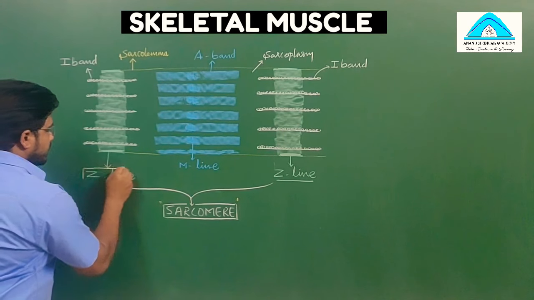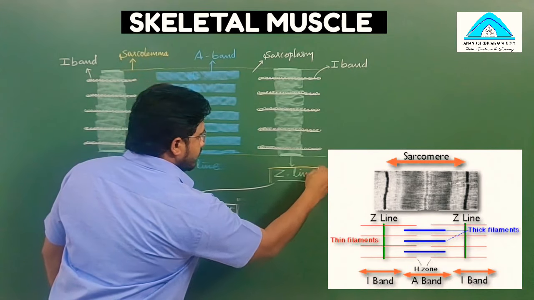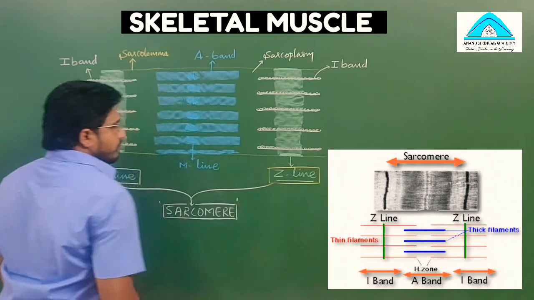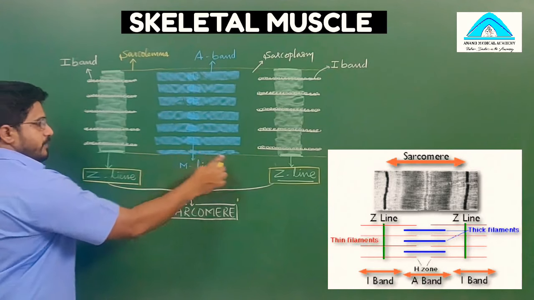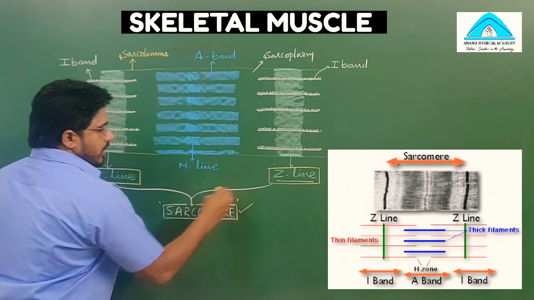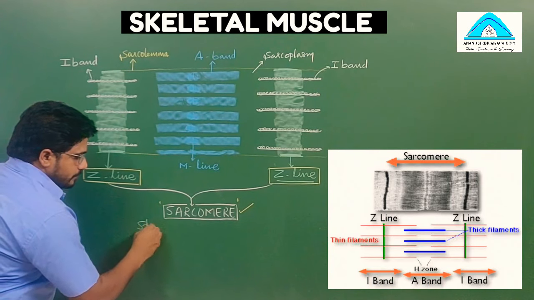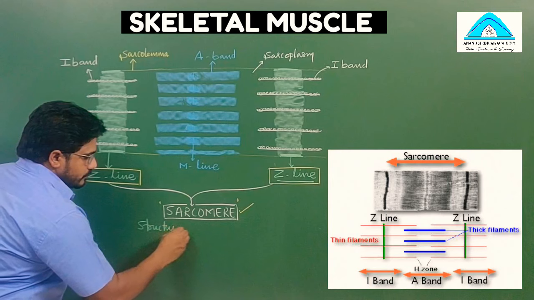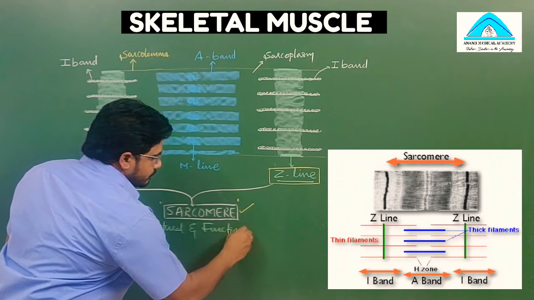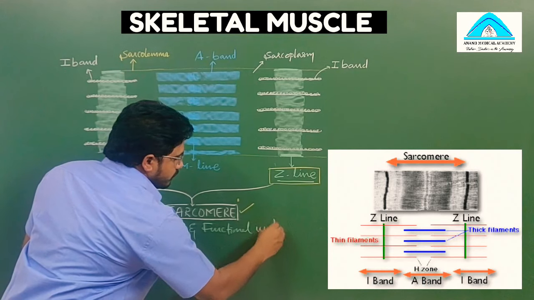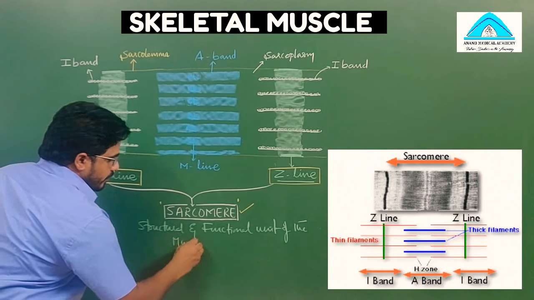This is one Z line and this is another Z line. The space between two Z lines is called sarcomere. Sarcomere is the structural and functional unit of muscle contraction.